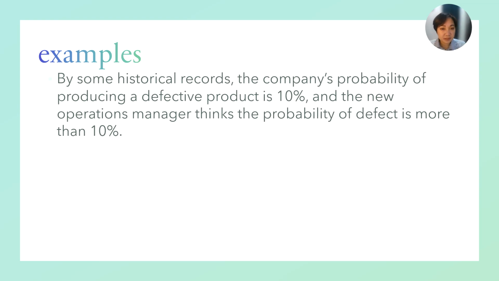Okay, let's have some examples for us to understand what hypothesis could be, and in every scenario, which one is the null hypothesis and the alternative hypothesis. For example, by some historical records, the company's probability of producing a defective product is 10%, and the new operations manager thinks the probability of defect is more than 10%.